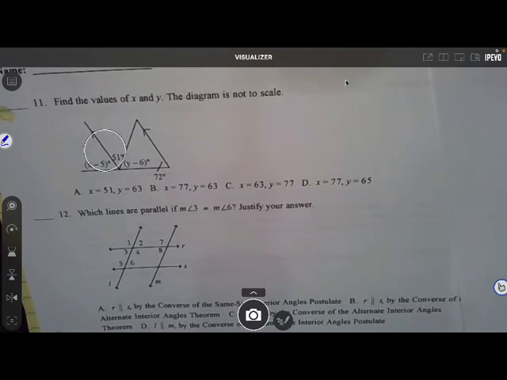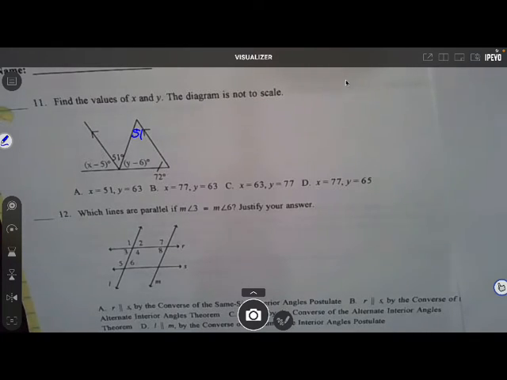Something else that I know is, I can't add them together since I have different variables. I have an X and a Y. So I'm going to need to find this Y. I know this angle is 72. Does anybody know what this angle would be? 51. Why is that 51? Those are alternate interior angles. Very good. So I know that this is 51, this is 51, that's 72, and that's Y minus 6.